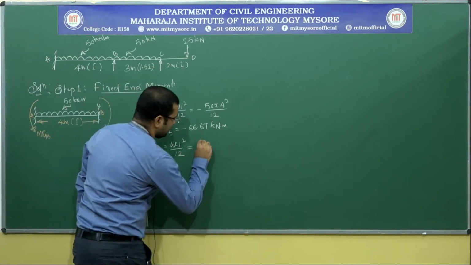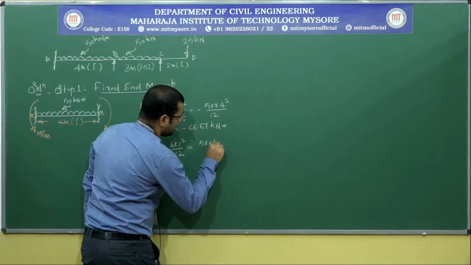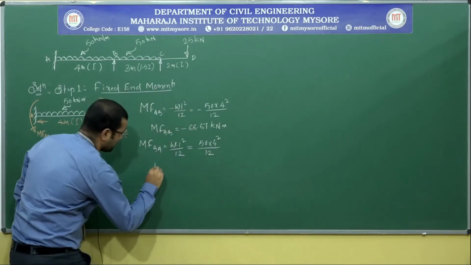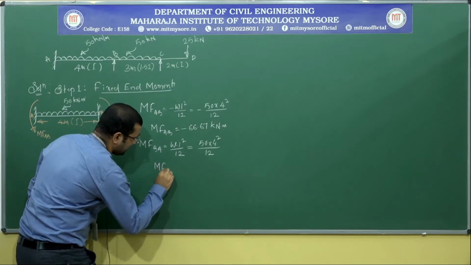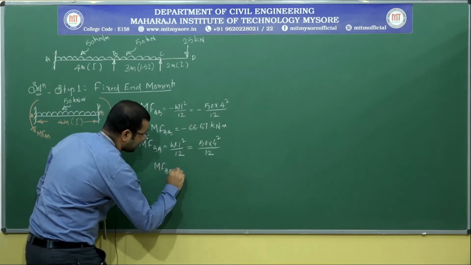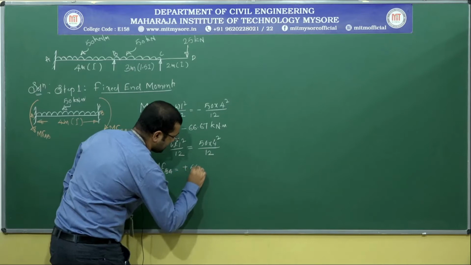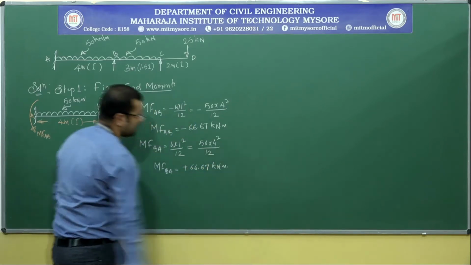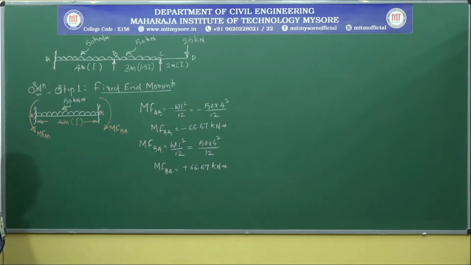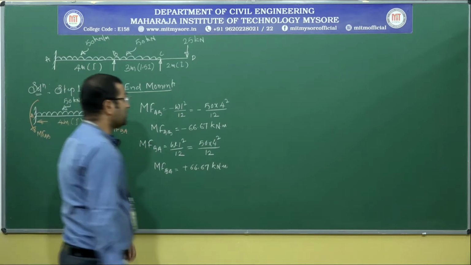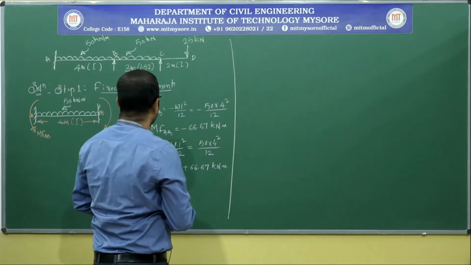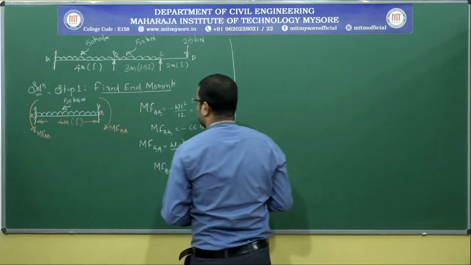So, this will be 50 into 4 square divided by 12, which yields MFBA equals plus 66.67 kilonewton meter. So, these are the fixed end moments at A and B because of the fixed end conditions at A and B due to the external loading.